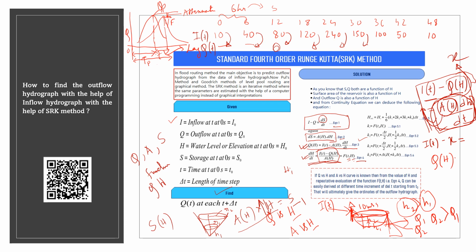So the elevation for the next iteration will be given by the elevation at the current iteration plus 1 by 6 multiplied by k subscript 1 plus 2k subscript 2 plus 2k subscript 3 plus k subscript 4, and multiplied by del t, the time increment. This constitutes equation 5.